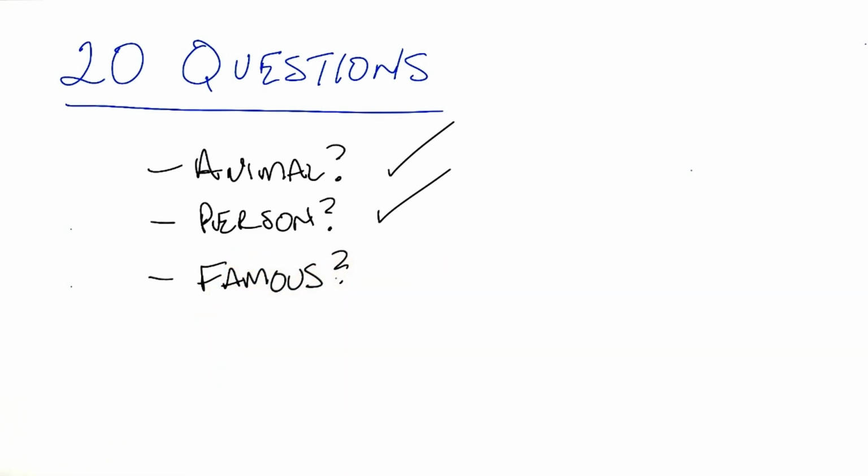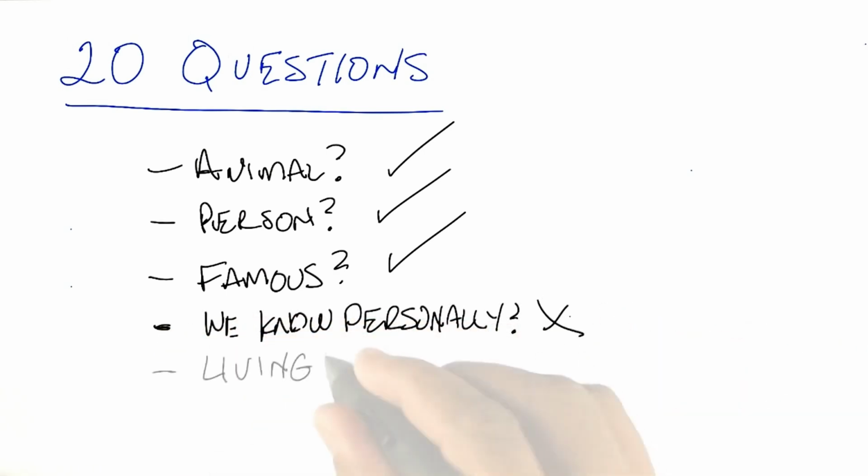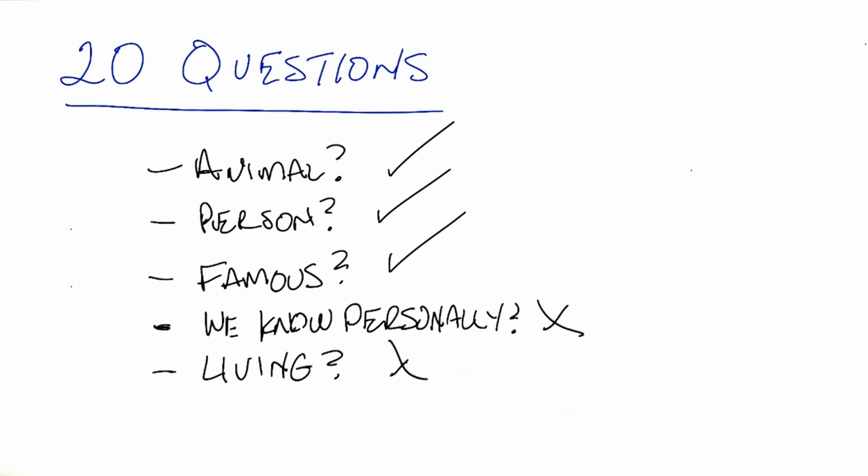Well, that's a deep philosophical question, but I'm going to say yes. Is it a famous person that we both know like directly? Who we both personally know directly? I do not believe so. So the answer is no. Is it a living person? No. So it's a dead famous person. Is the person famous for, say, being in the music industry?